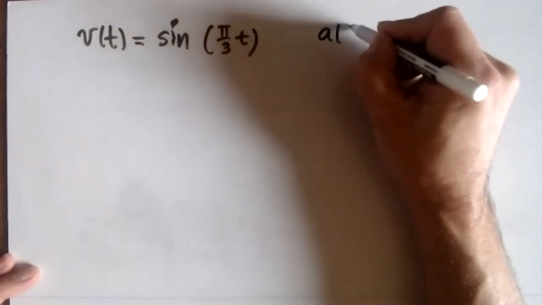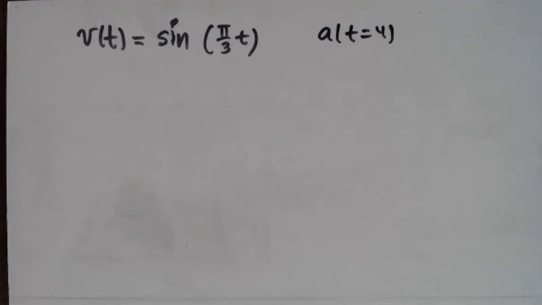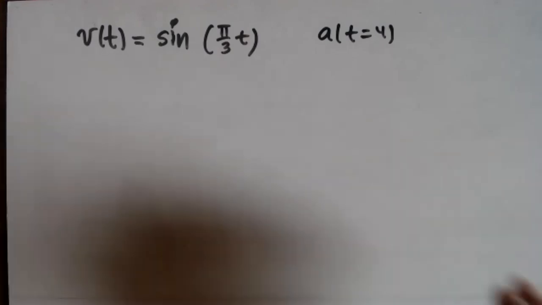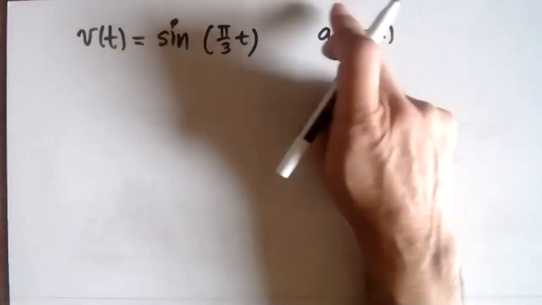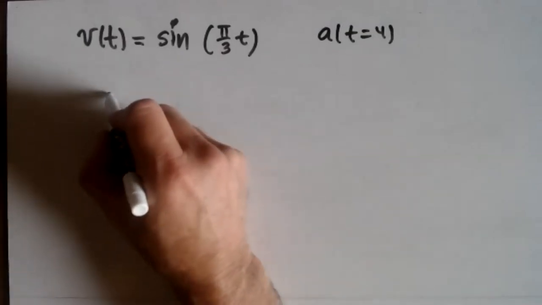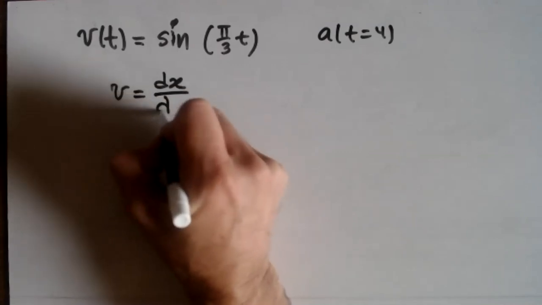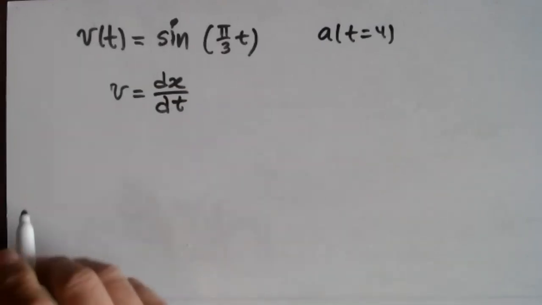Now, if you want the acceleration at t equals 4, right? Déjame ver otra vez. Sí, what is the acceleration at time t equals 4? Tienes que encontrar el derivative, right? Yeah. So, you have to remember the definitions. Velocity is the derivative of the position respect the time, correct?